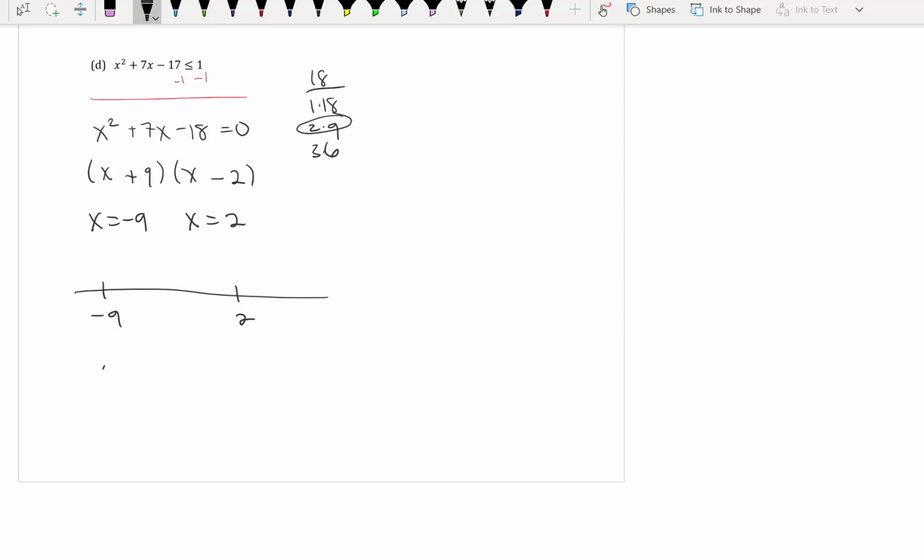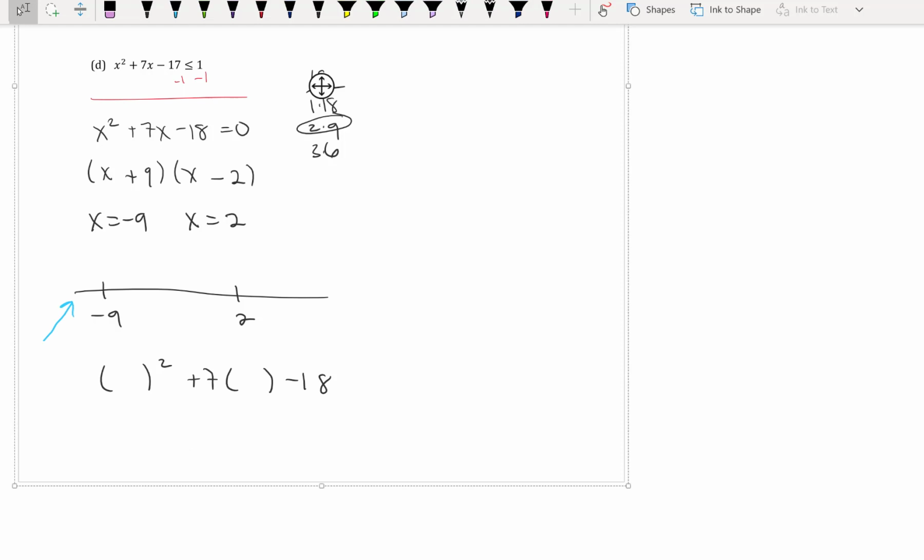Now I'm going to be plugging this into x squared plus 7 times x minus 18. So maybe we want to start with x is equal to negative 10. Let's see what happens when we plug that in.